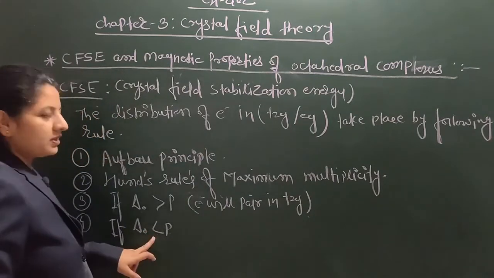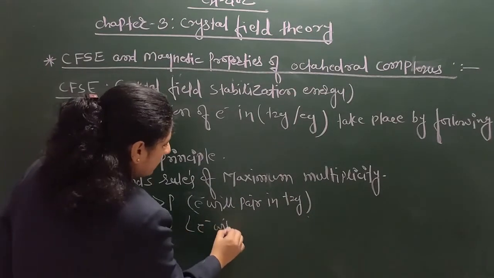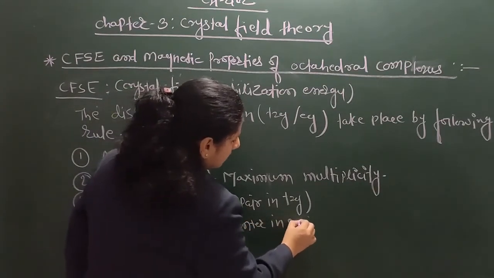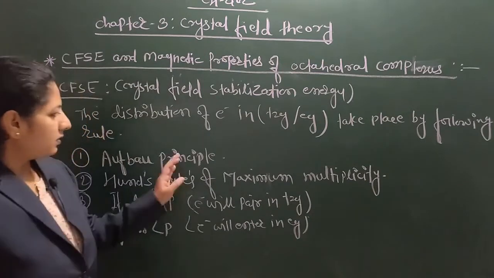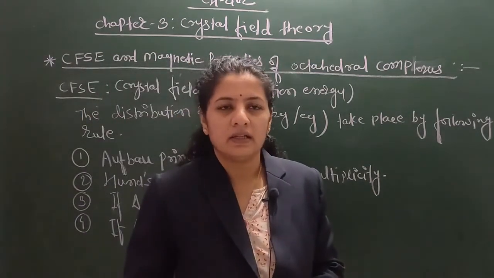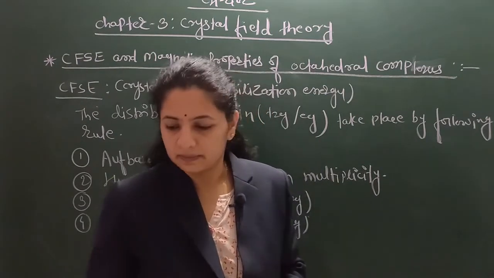If the pairing energy is large, the electrons will enter eg. So these are the general rules, and according to these rules there is an electron distribution in the energy levels.